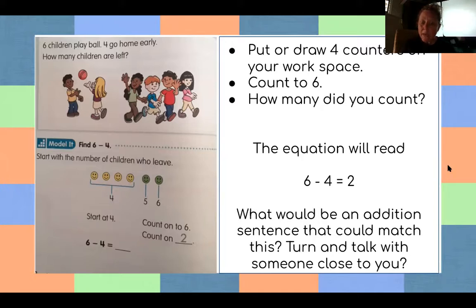How many did you count on? 4, 5, 6. That's right, we counted on 2. So the equation would read 6 minus 4 equals 2. What would be an addition sentence that could match this? Turn and talk with someone close to you.